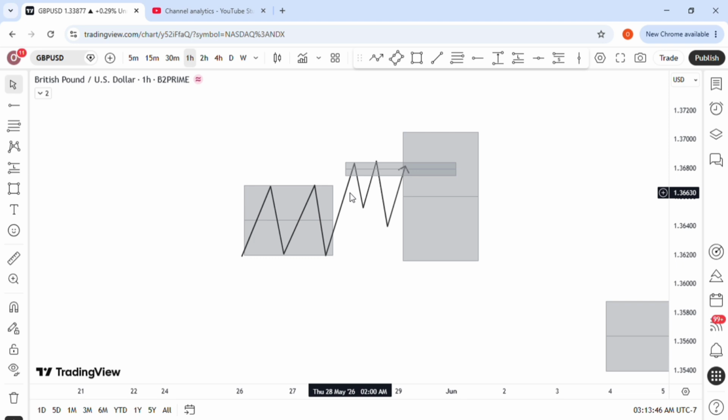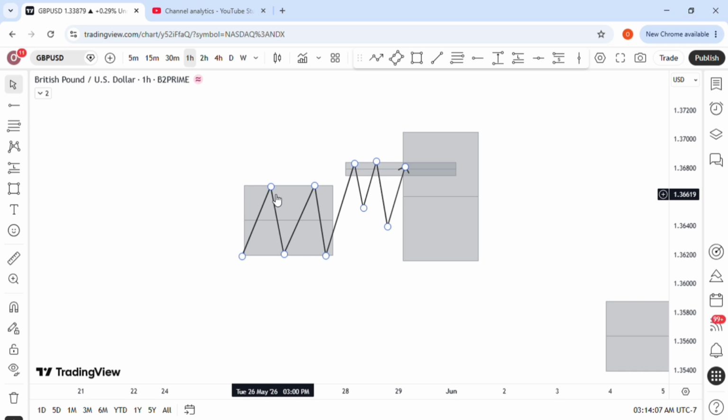That is a trap. What we want is that all this entry model section should form inside the London zone, inside the London open. So once London hasn't opened yet and all this setup formed, it is a trap.